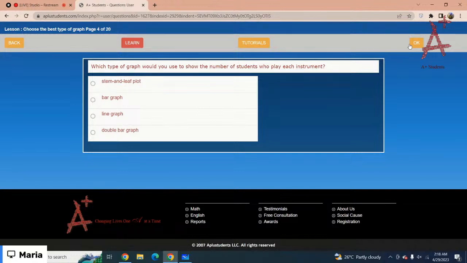Which is the correct option? Line graph.